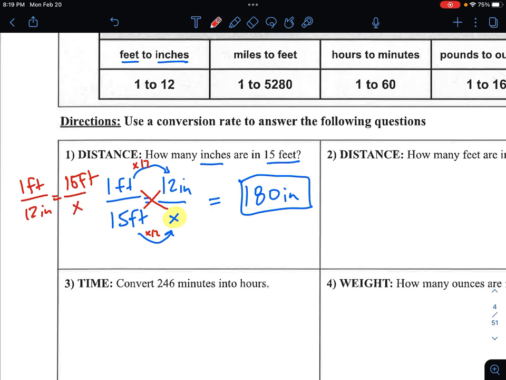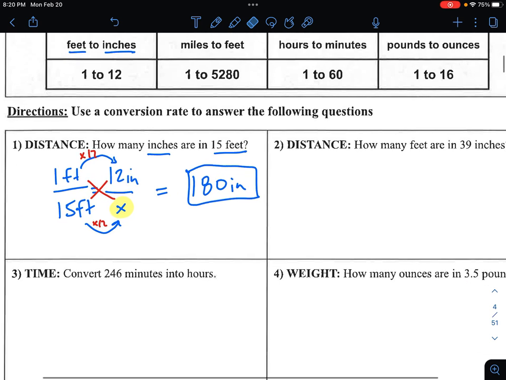So we could have put that x right there. Then you could have said, to get from here to here, you multiply by 15. To get from here to here, you multiply by 15. So 12 times 15, you end up multiplying by 15 either way, so you end up with the same answer. You can set up your proportion in a lot of different ways, and you'll still end up with the right answer.